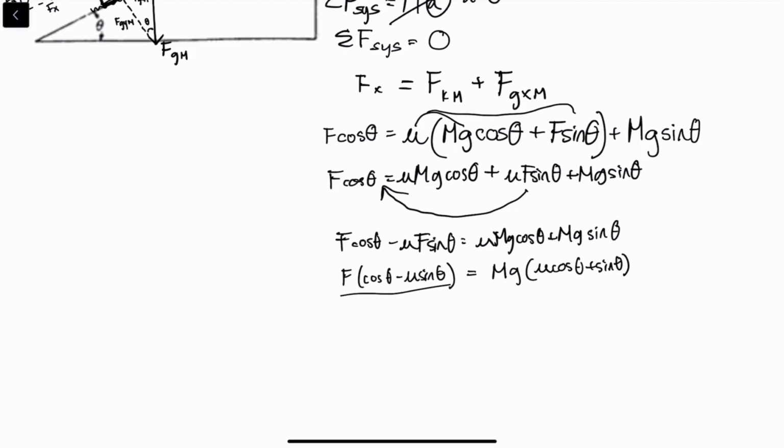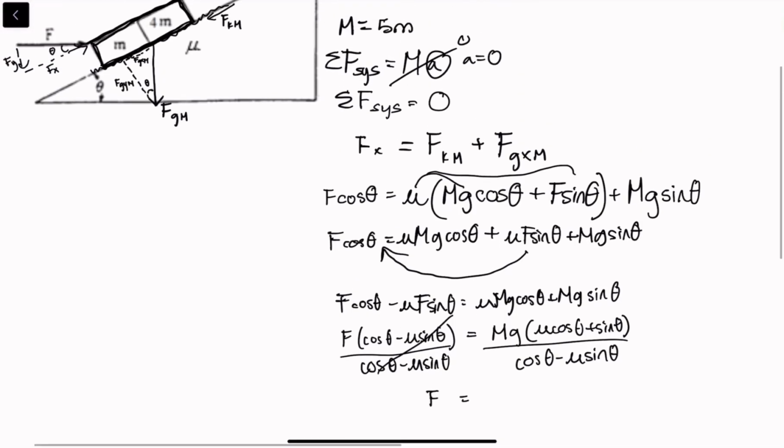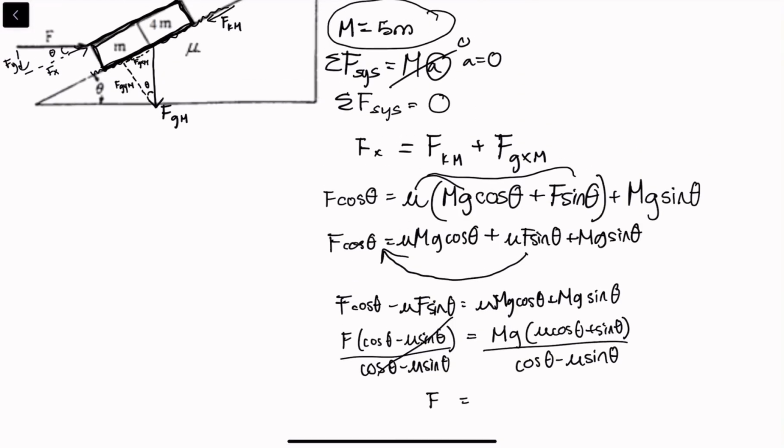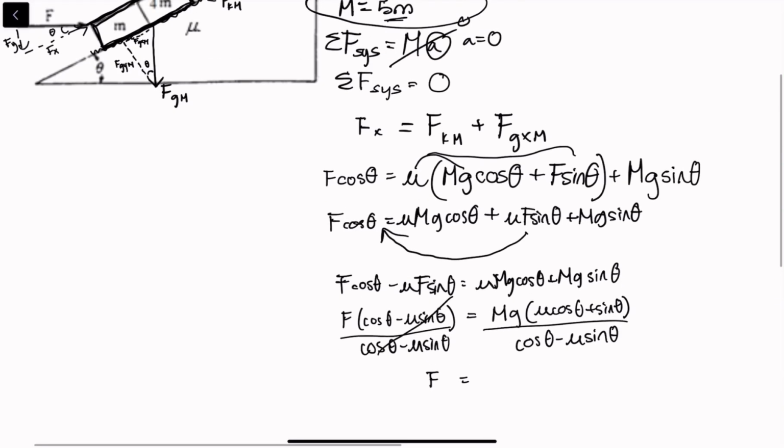Lastly, we can divide both sides by cosine theta minus mu sine theta so that we can cancel. Again, we're not given this variable m, the total mass, so I'm just going to replace it back with the 5m that we substituted m for before.